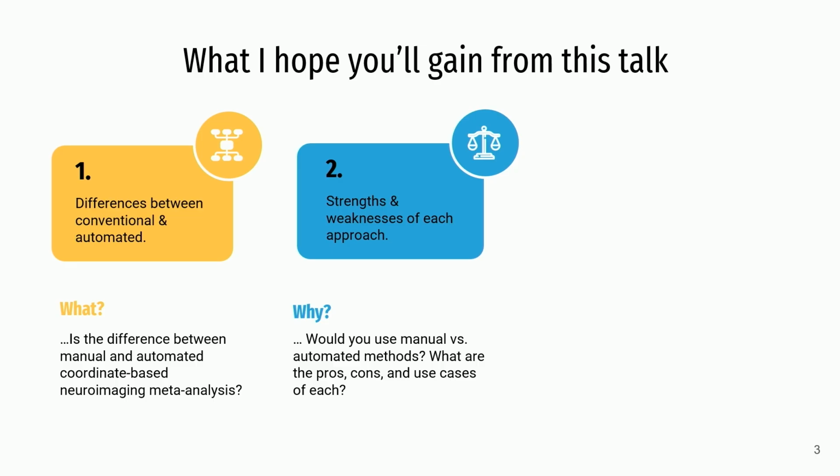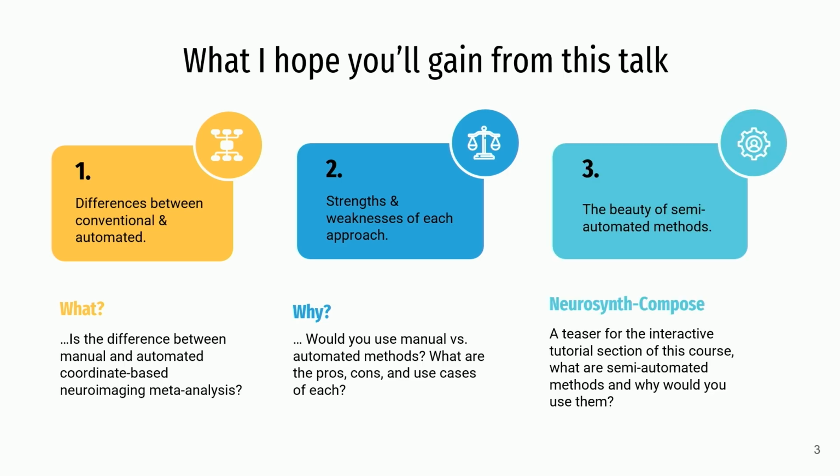Maybe think about why you might take on a manual meta-analysis versus a larger scale meta-analysis, and maybe the pros and cons of these approaches. And then finally, I hope that by the end of the talk, you might understand a little bit more about why we are going to be presenting up next a tutorial for semi-automated meta-analyses to facilitate your own meta-analysis.